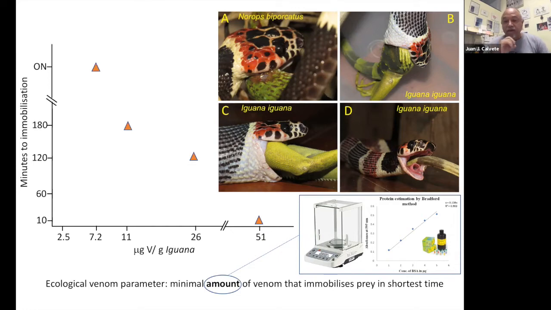And this brings me also to another parameter that is so common in science in general that people do not think much about how to determine it, which is the amount.